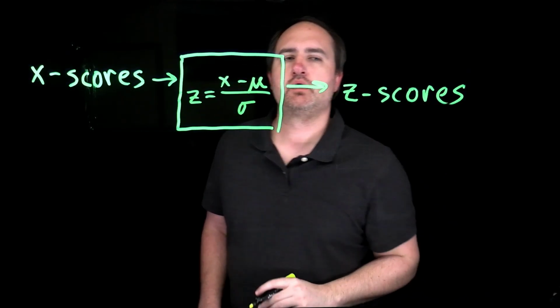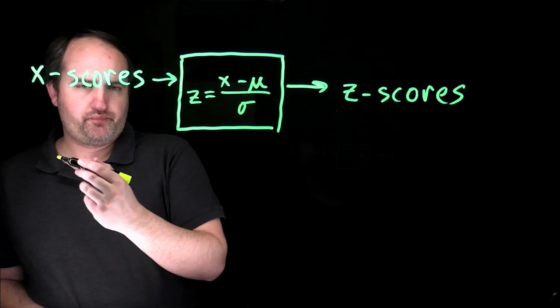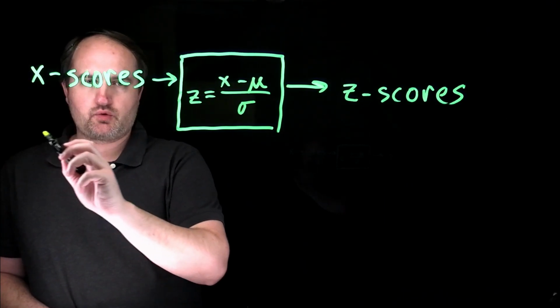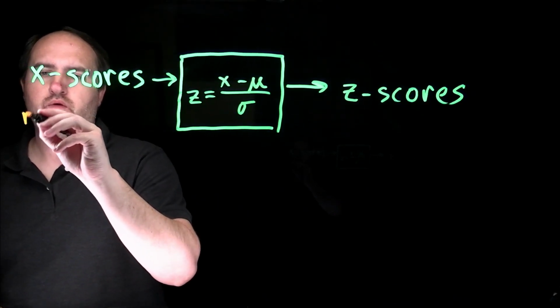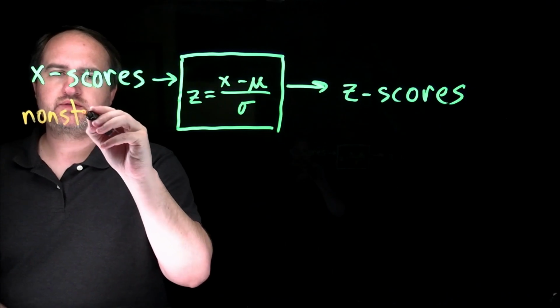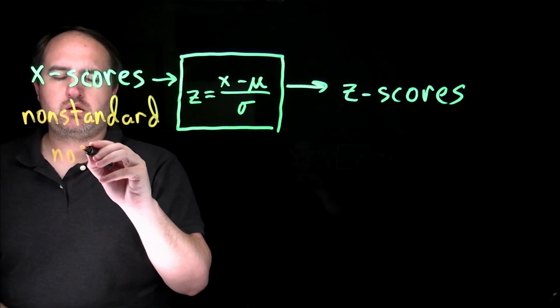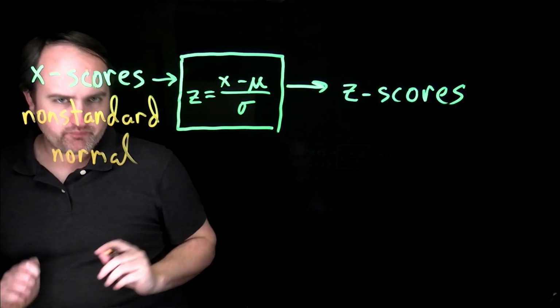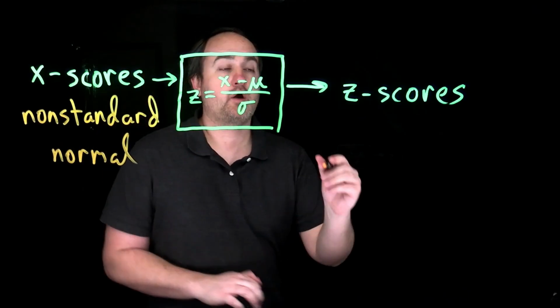So this conversion formula allows you to take x-scores, which are from a non-standard normal distribution, into z-scores, which are standard normal.